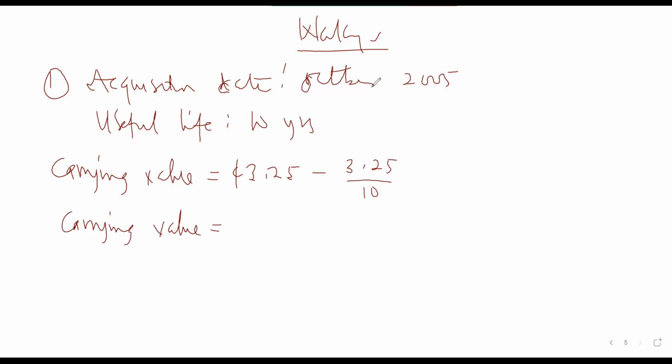It will be 3.25 minus the depreciation, which is 0.325. So what will be the carrying value? 2.925. Okay. This is the carrying value. But the question is, at this date, what is the recoverable amount of the property?